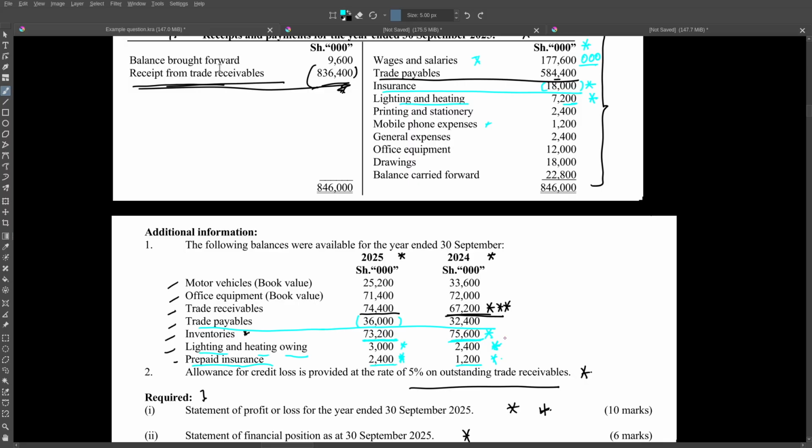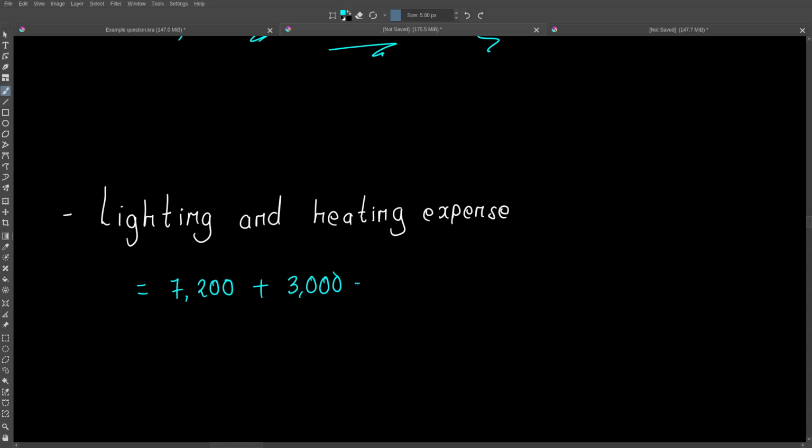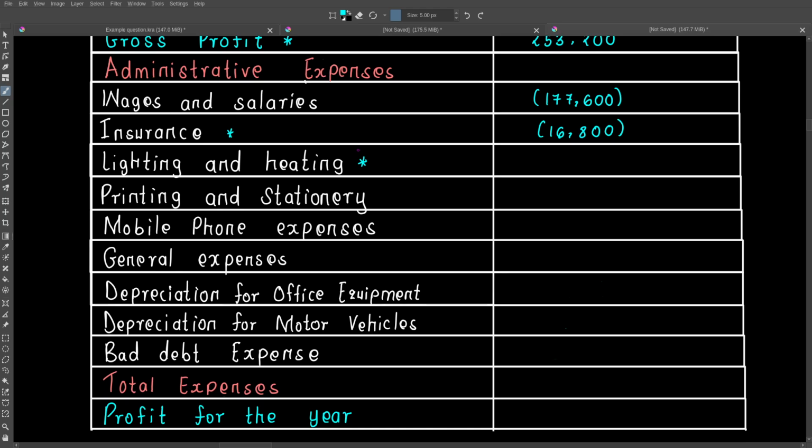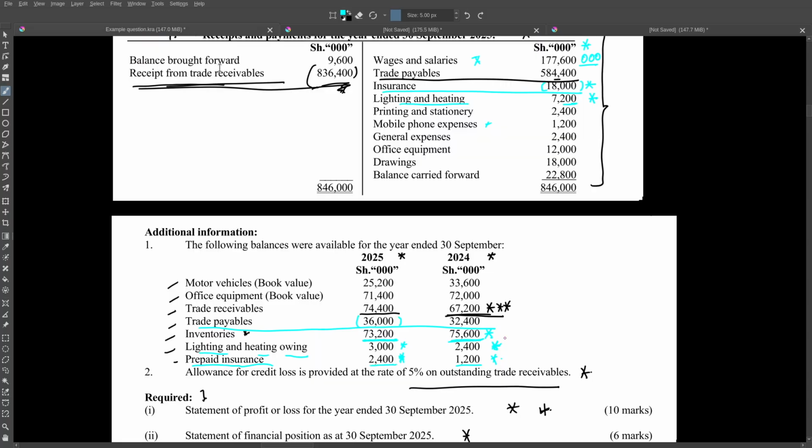But is lighting and heating for the previous period an expense incurred in our current period? No. We only want the expense incurred in our current period, September 2025. So we have to less 2,400 because this is coming from the previous period. So we are going to have a lighting and heating expense of 7,800. Here we're going to less 7,800.